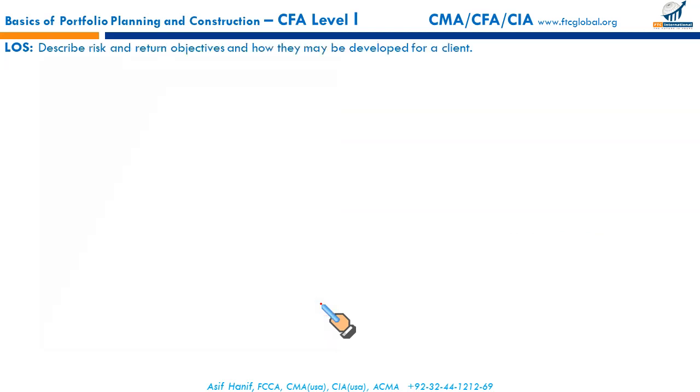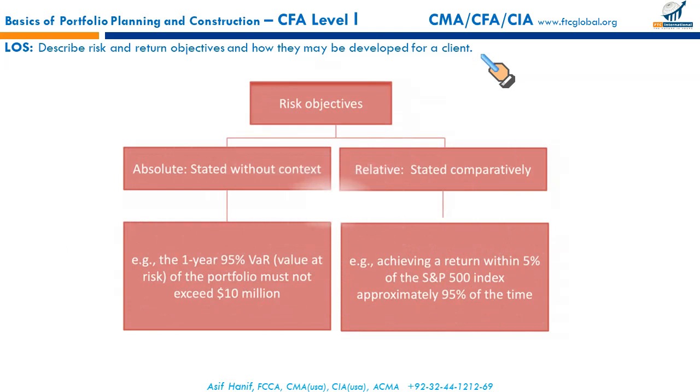Then, describe risk and return objectives and how they may be developed for a client. Risk objectives can be stated in absolute terms, stated without context, and they can be relative, that is stated comparatively. For example, when we say absolute risk objective, that is, for example, the one-year 95% value at risk of the portfolio must not exceed $10 million.